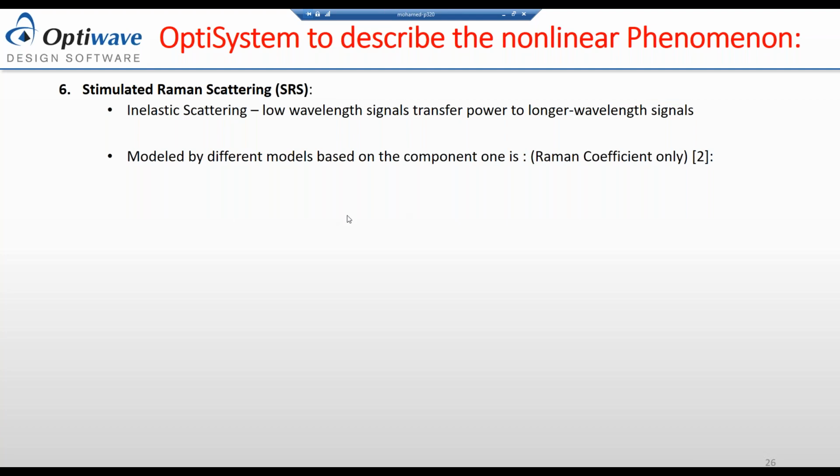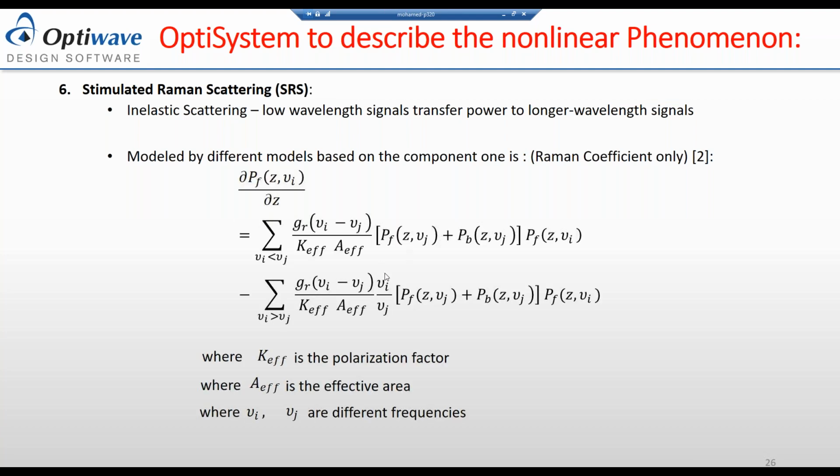It's modeled by different models as well. In one of them, I use the Raman gain coefficient only, and all the other nonlinear phenomena are neglected just to focus on this one. As you see here, we have a forward power and a backward power and the Raman gain coefficient.